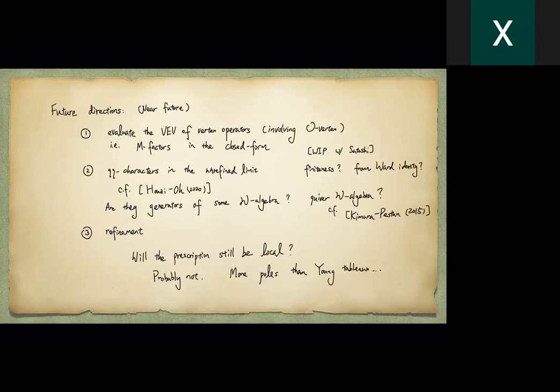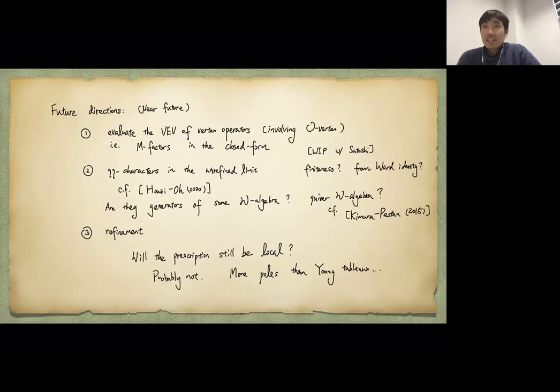Sorry, what's the hard part if you want the refinement of your suggestion? You have to add some preferred direction in the diagram or what? No, it's just that we have a lot of poles that cannot be represented by Young tableaux. I think that's a reason. Yeah, this is the case.